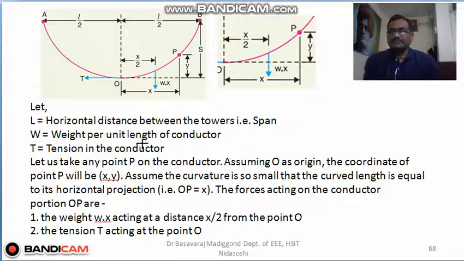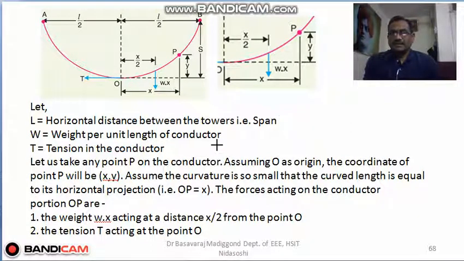Now, let us see this. Let L be the horizontal distance between the 2 towers, that is the span. W is the weight of the conductor per unit length. T is the tension in the conductor.